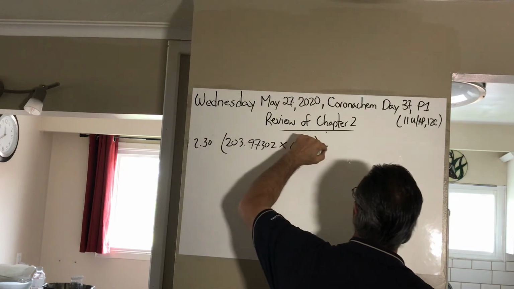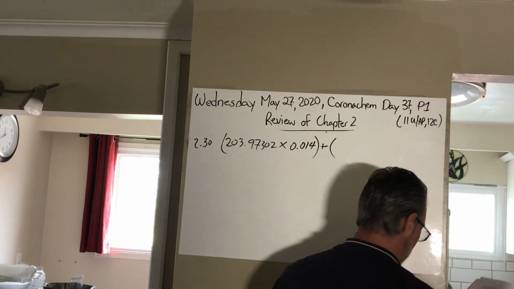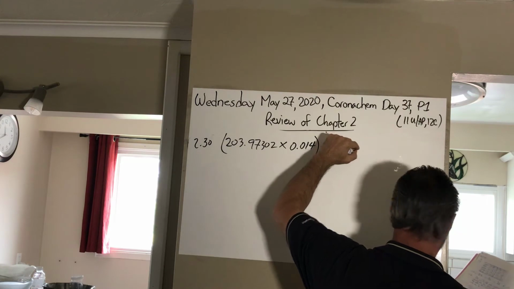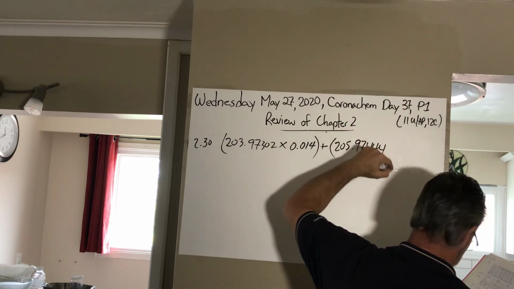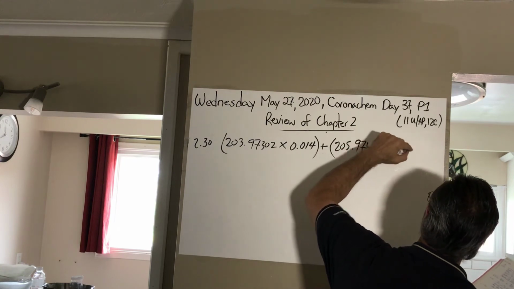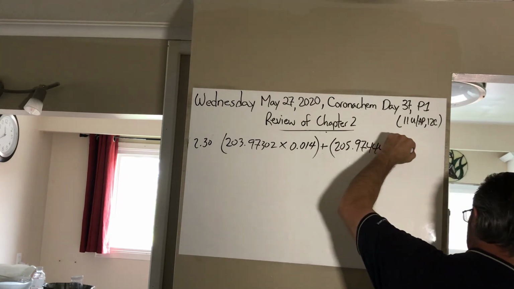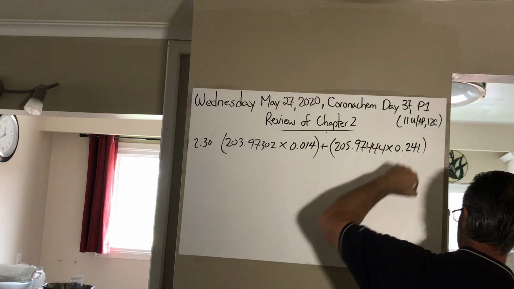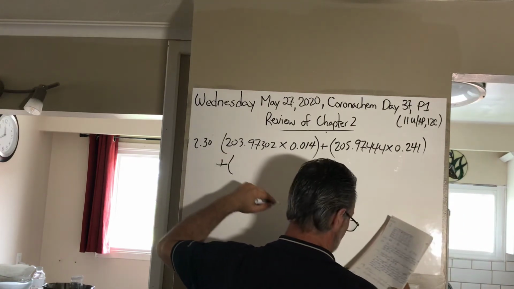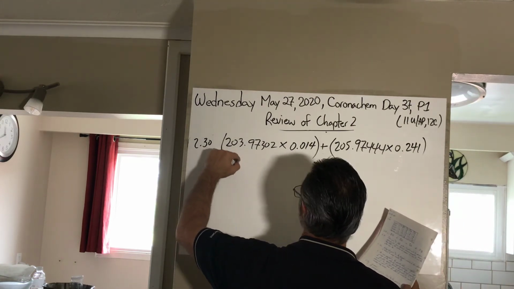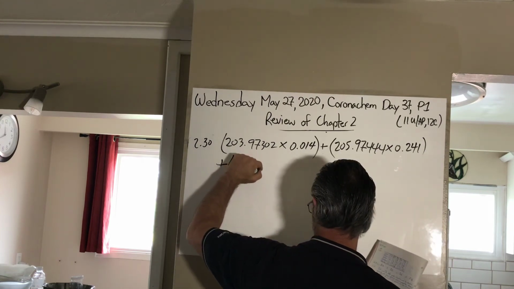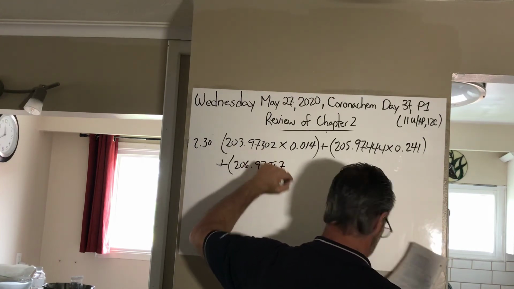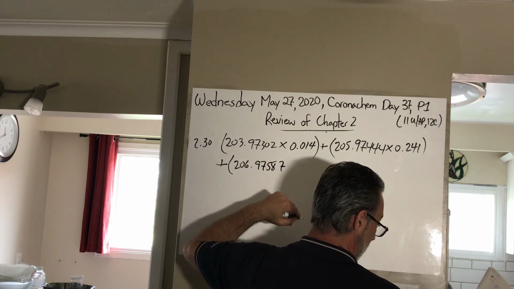That's the first proportion. Then the next isotope has a mass of 205.97444, and that has a 24.1% abundance. That's how you write that. And then you add 206.97587, and its abundance is 22.1%.